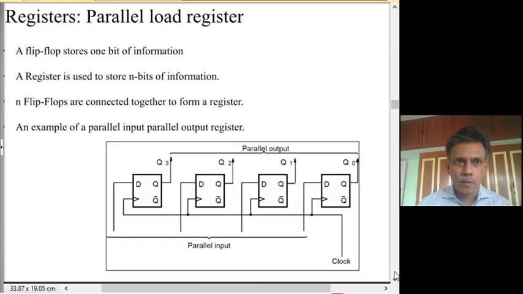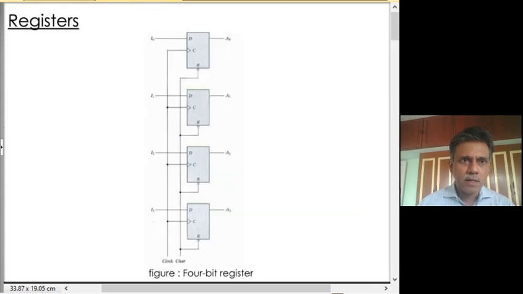So if you want to use this register in larger circuitry, then whenever a clock pulse comes, the input lines I0, I1, I2, I3 are sampled, and whatever bits are present here will be stored in this register.